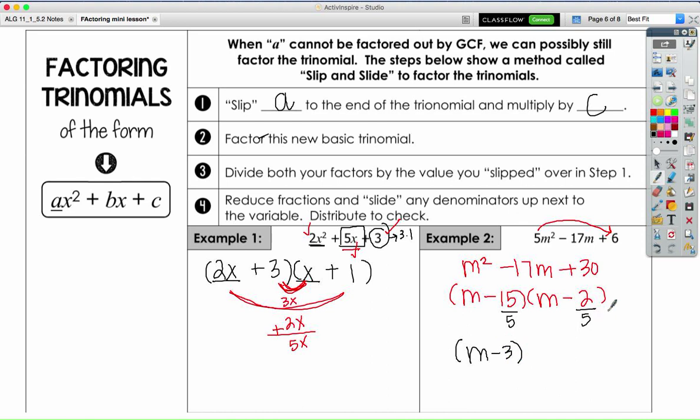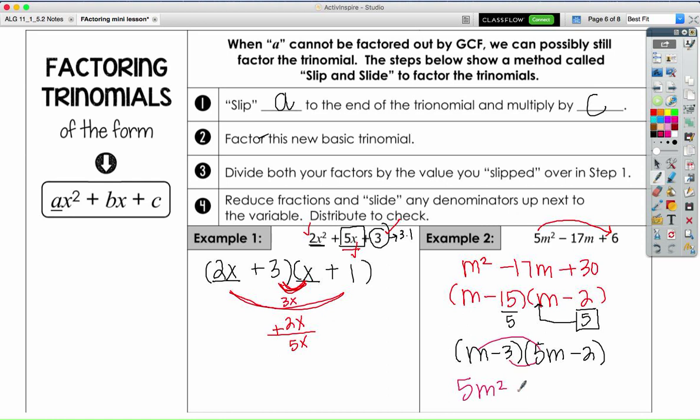2/5 does not reduce into a whole number, so this is where you slide the denominator in front of the variable to get 5m minus 2. So we'll double check and make sure we did this correctly. m times 5m gives us 5m squared.